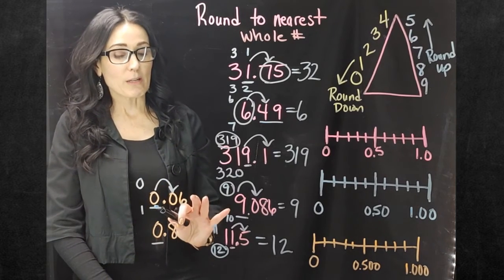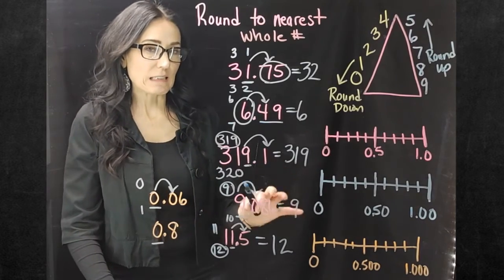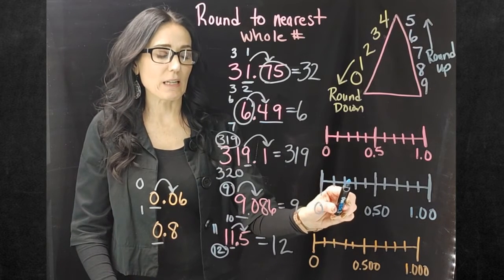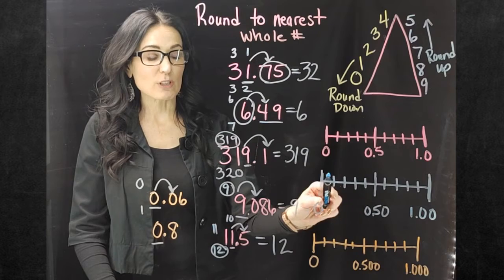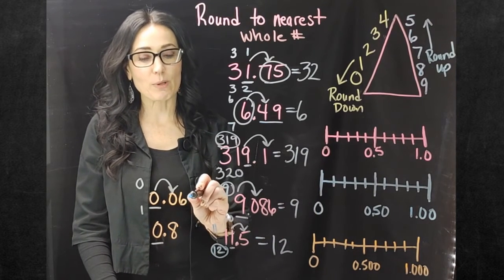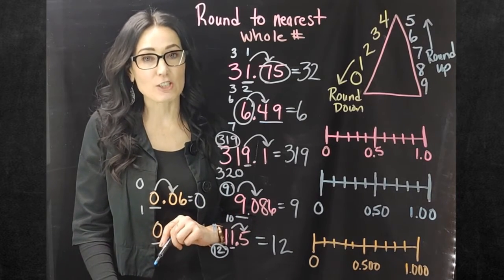So according to our number line, this is 6/100. So let's find 6/100 on the number line. This is 10/100, 20/100, 30/100, 40/100, 50/100. So 6/100 is way down here, definitely closer to 0. So if we're rounding that to the nearest whole number, it's actually going to stay a 0.